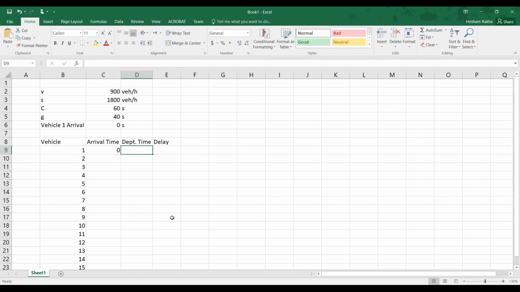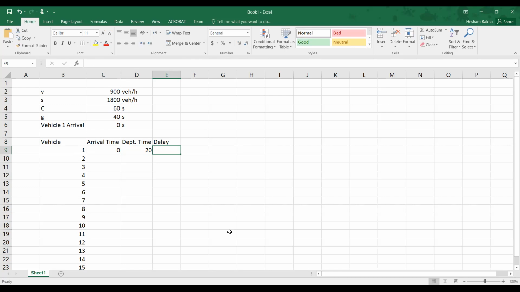So Carver mentions 20, which is correct. So this 20 is actually the effective red time, which is the cycle length minus the effective green time, and that is the earliest time this vehicle can leave. And what would be the delay of this vehicle?